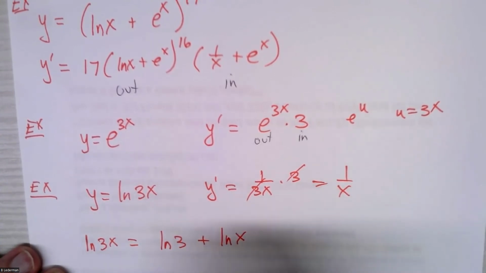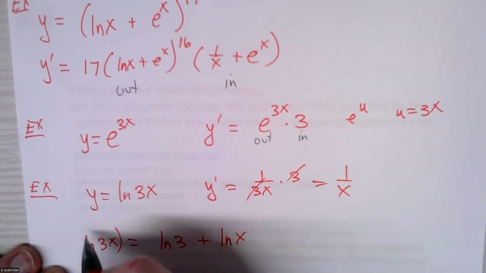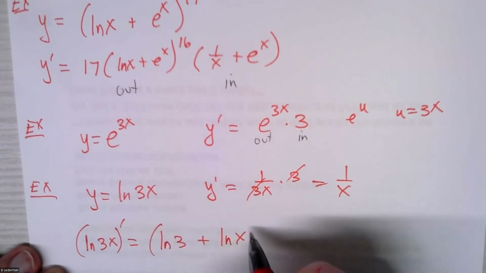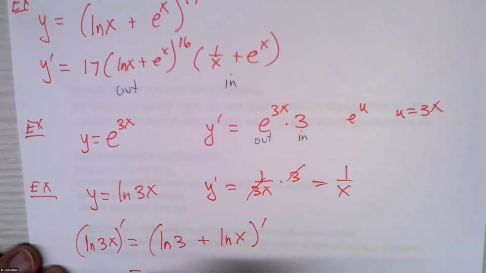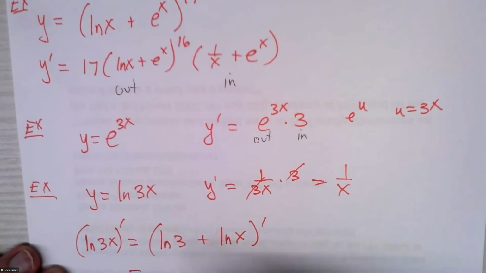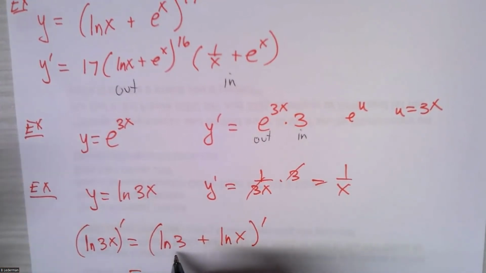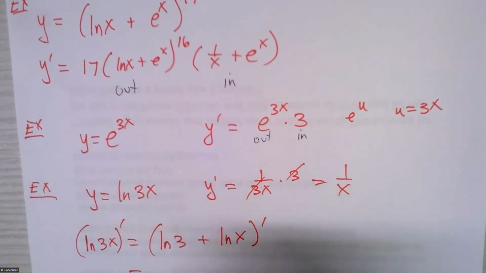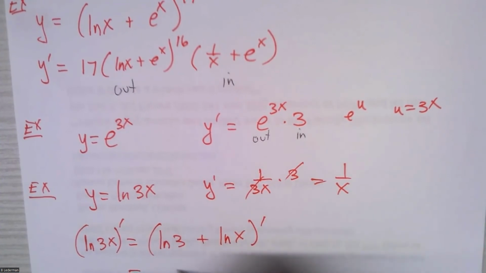Now, when I take the derivative of this, ln 3 is just a constant, just a number. I could look it up on a calculator, whatever it is, 1 point something. So that just disappears. And then ln x is 1 over x.